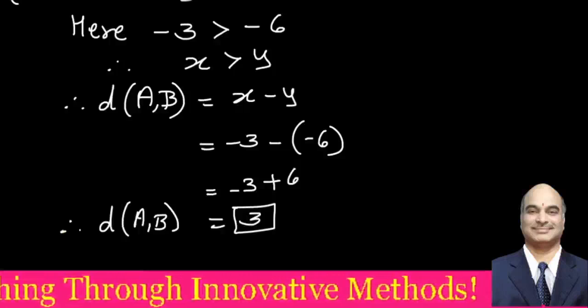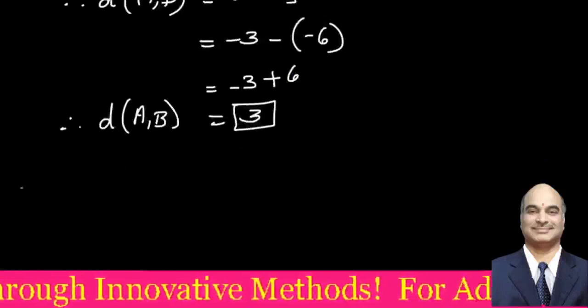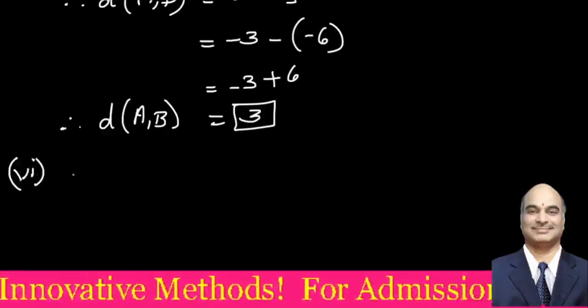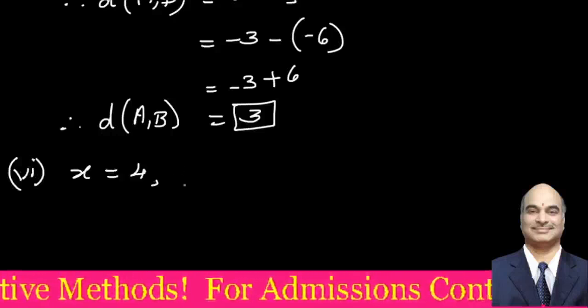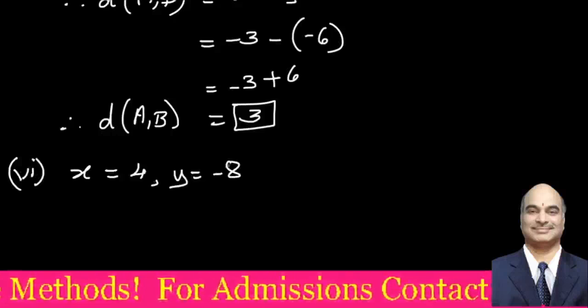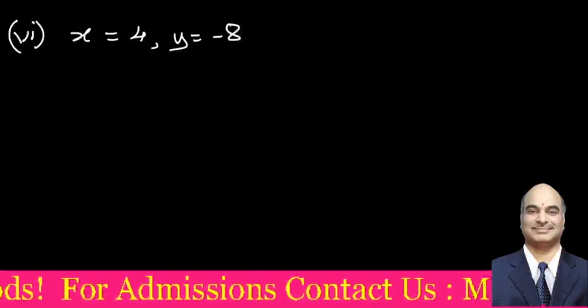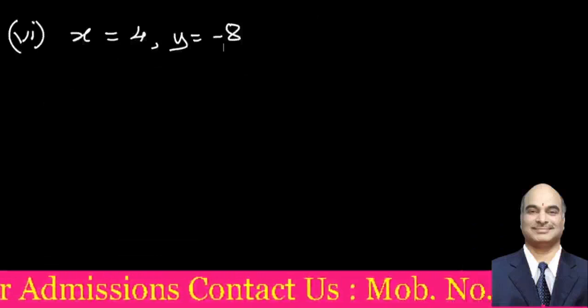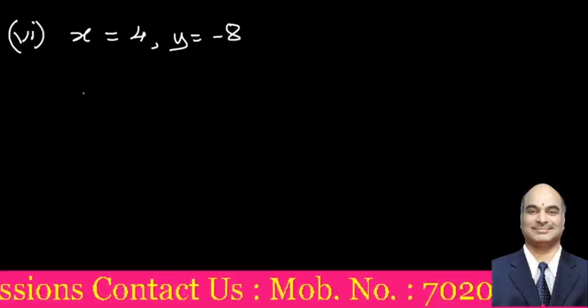Last one, 4 and minus 8. Okay, now how to solve this? Coordinates are given. Coordinates are x and y. The value of x is 4 and y is minus 8.